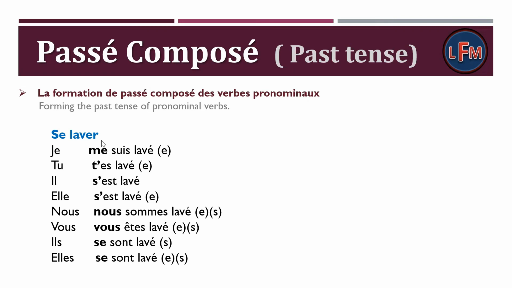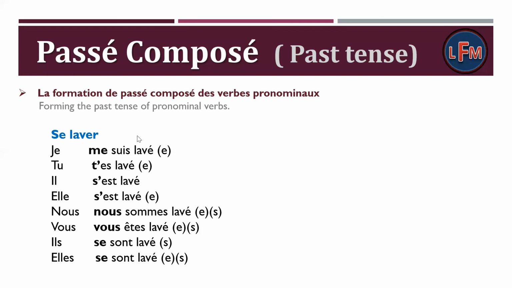Se laver means to wash oneself. This is a pronominal verb. So first we take the reflexive pronoun with the subject: with je, it is me, tu, te, il, se, elle, se, nous, nous, vous, vous, ils, se, elles, se.